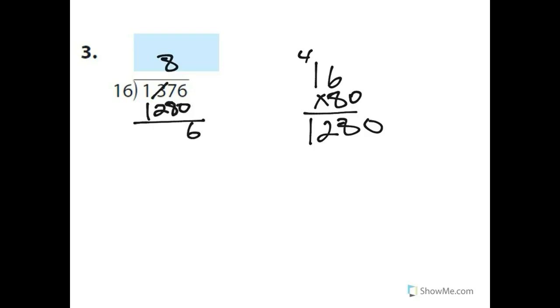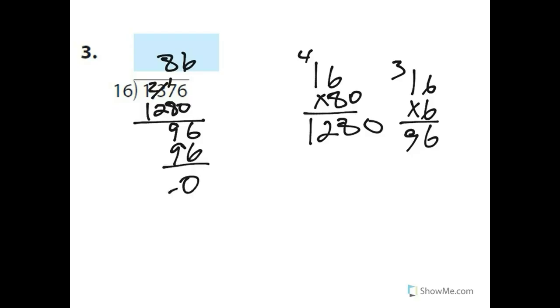So 6, 1796. Oh, well, I know what's going to go in there. 16 times 6. 6 times 6 is 36. 6 times 1 is 6, plus 3 is 9. 96. All right.